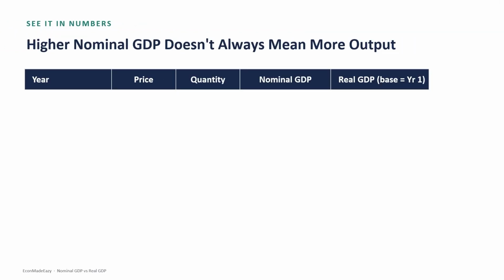Let us understand the difference between nominal GDP and real GDP using a simple numerical example. Assume the economy produces only one product. In year 1, the price is 10 and the quantity produced is 100 units. Nominal GDP is price multiplied by quantity. 10 multiplied by 100 equals 1000. Since year 1 is also our base year, real GDP is also 1000. Now look at year 2.